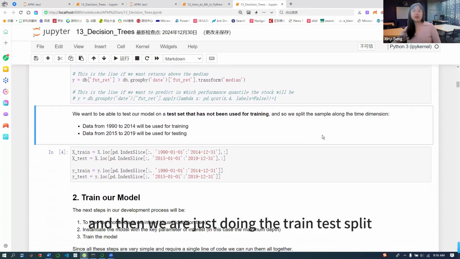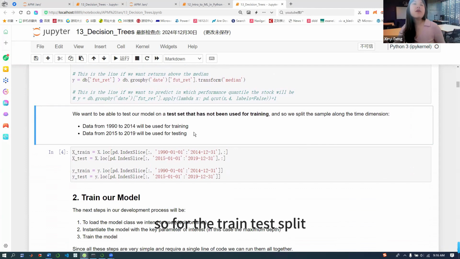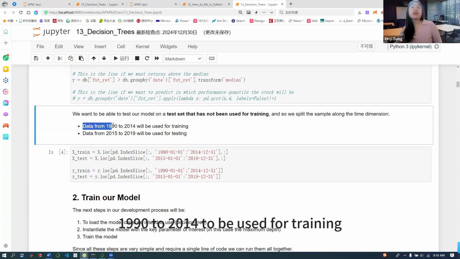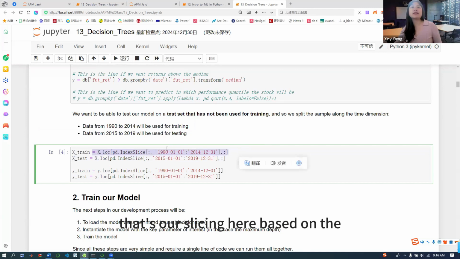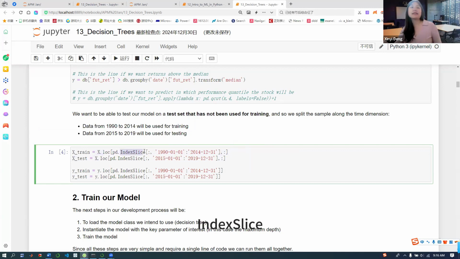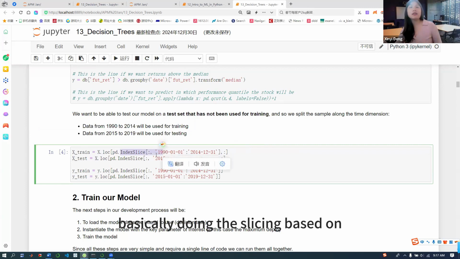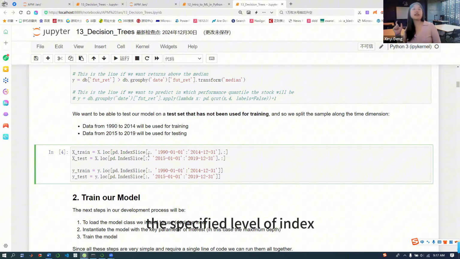And then we are doing the train test split. For the train test split, we want the data from 1990 to 2014 to be used for training. That's our slicing here based on the index slice. Index slice means we are doing the slicing based on the specified level of index.